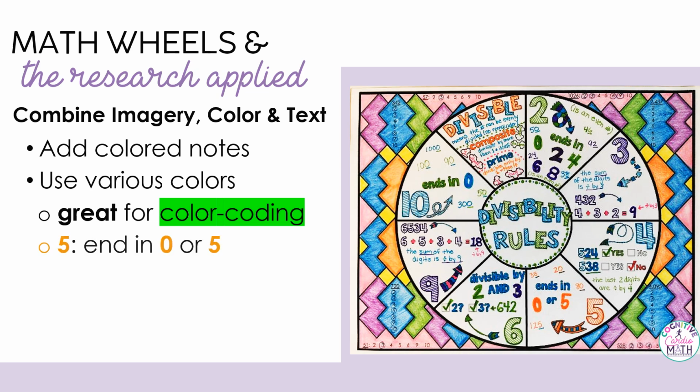So if we look at 5, that rule says that numbers that end in 0 or 5 are divisible by 5. So the big 5 in that section is orange, and the 0 and 5 in the rule are orange. For 10, the 10 is blue, and the 0 for ends in 0 is also blue. These are just small things, but they're small things that can help.